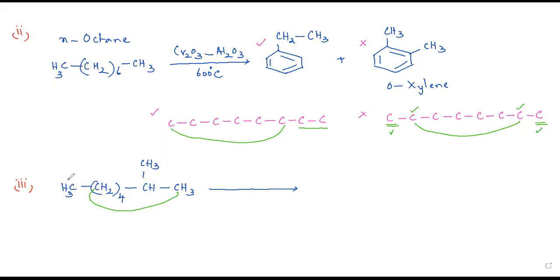Okay. Now you are left with these two. Now this one is connected, let us say, to the first carbon. Now this is the second carbon. Then this is the third carbon. To the third carbon, you got a methyl group. So what do we get? A metaxylene.